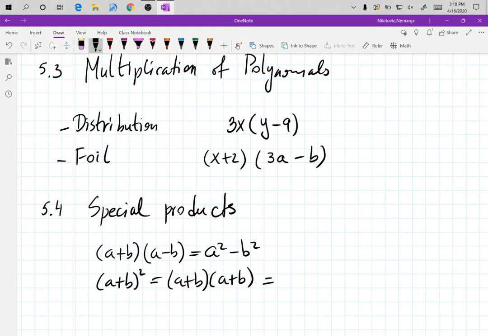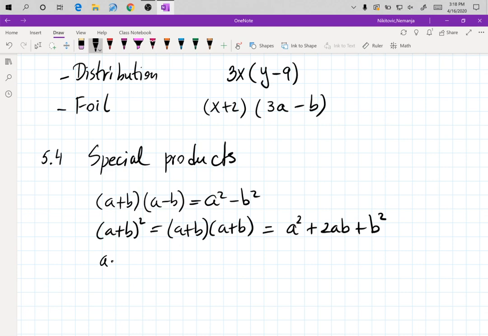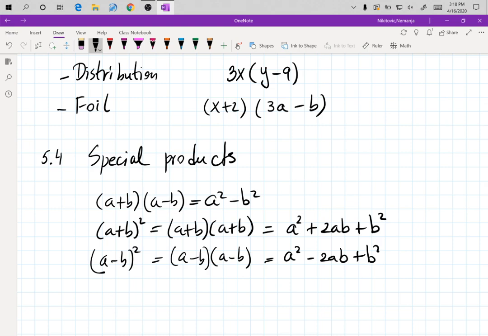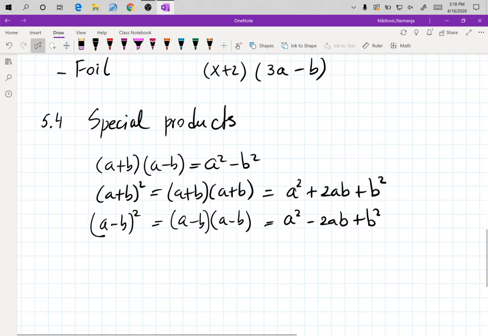When you FOIL, you get A squared plus 2AB plus B squared. And finally, (A minus B) squared is (A minus B) times (A minus B), which gives you A squared minus 2AB plus B squared. So those are our special products, and there is nothing else. You either know these formulas and you apply them, or you don't know them and then you use FOILing.